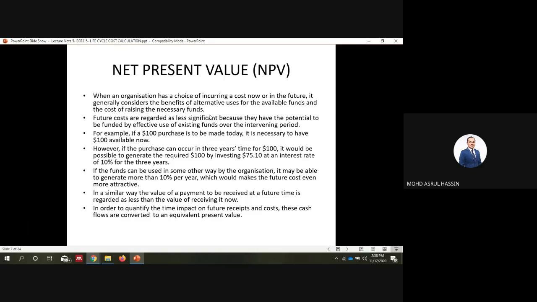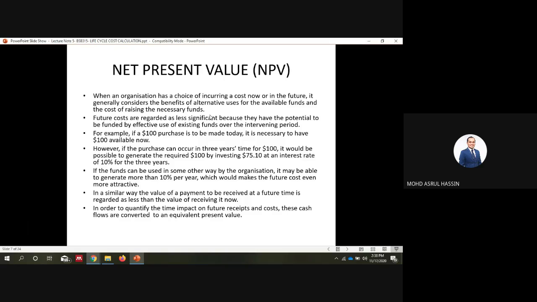If the fund can be used in some other way by the organization, it may be able to generate more than 10% per year, which would make the future cost even more attractive.